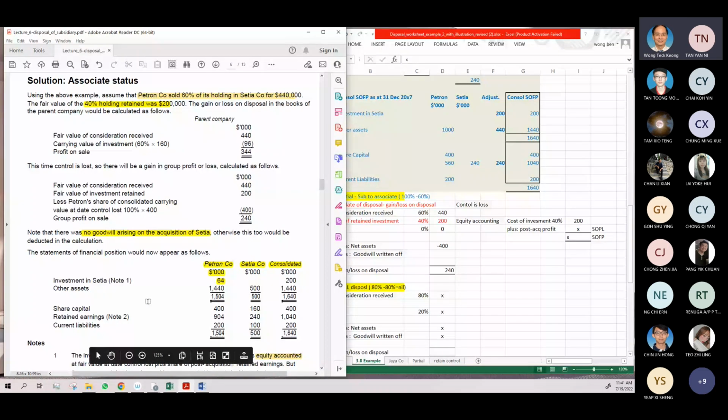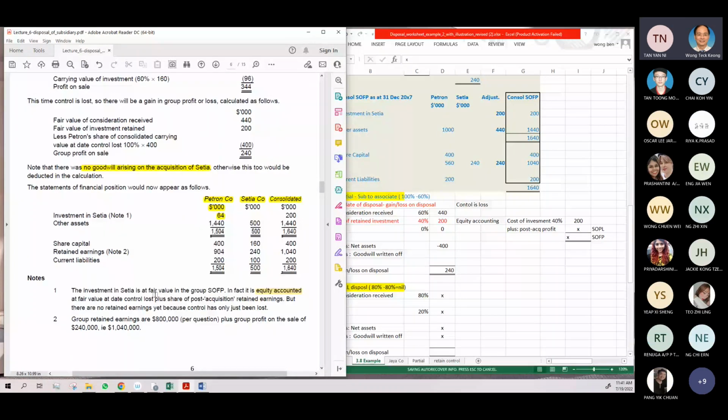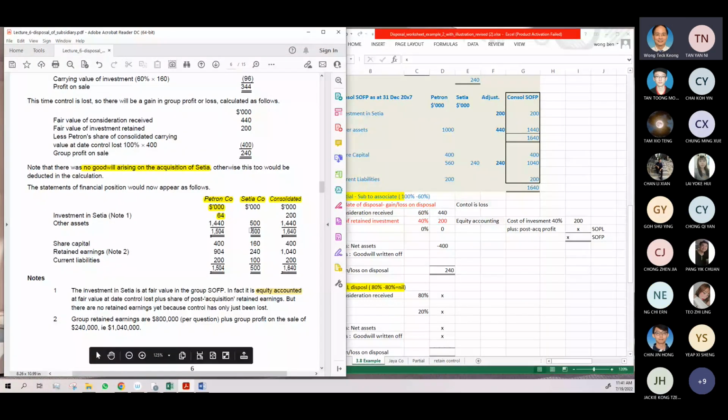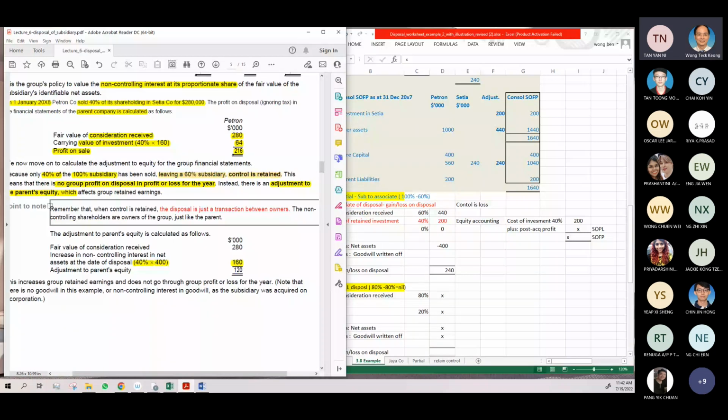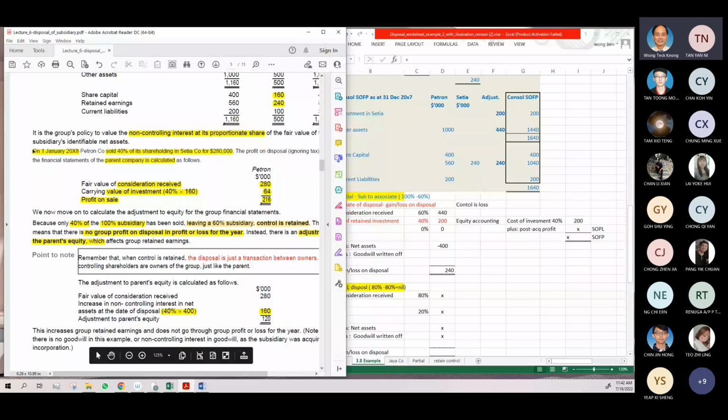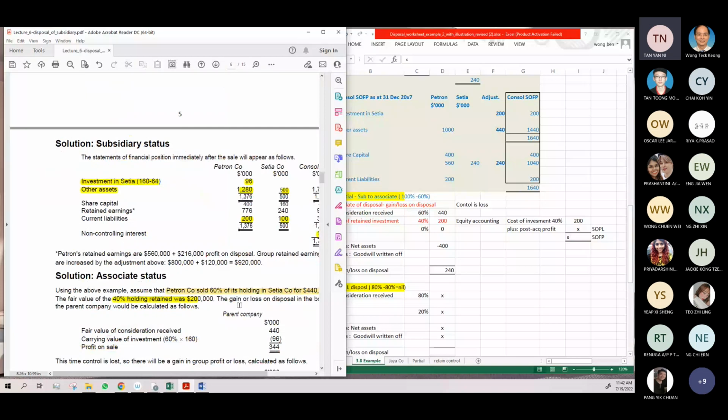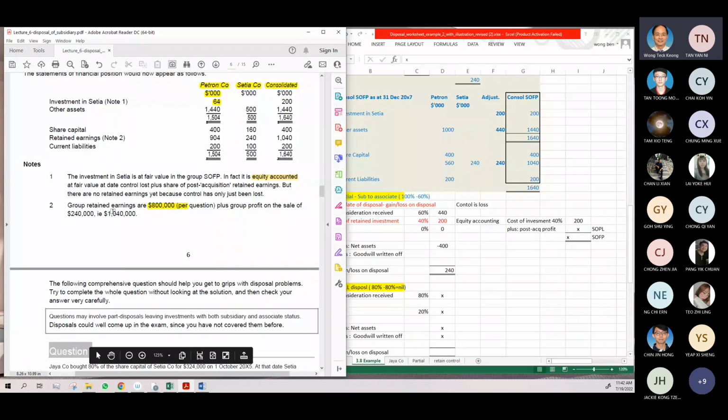So it's 64 in your note 1 here, okay? So assets you can add across for consolidation because effectively on 1st January X8 you sell off here. Okay, on 1st January X8 Petra sold its shareholding. So group retained earnings 800 as per parent plus the gain on disposal 240 here.